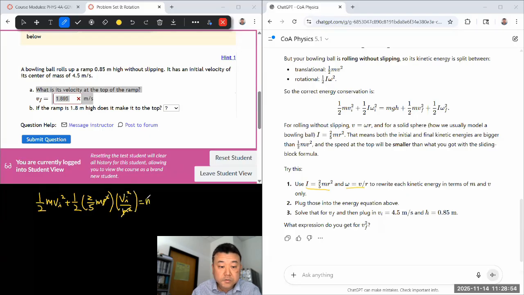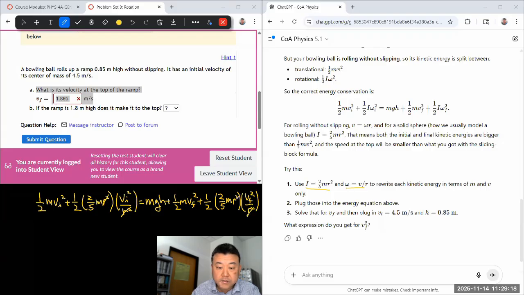That's equal to mgh plus 1/2 m v final squared, which I'm looking for, plus 1/2 times 2/5 m r squared, and then v final squared over r squared.